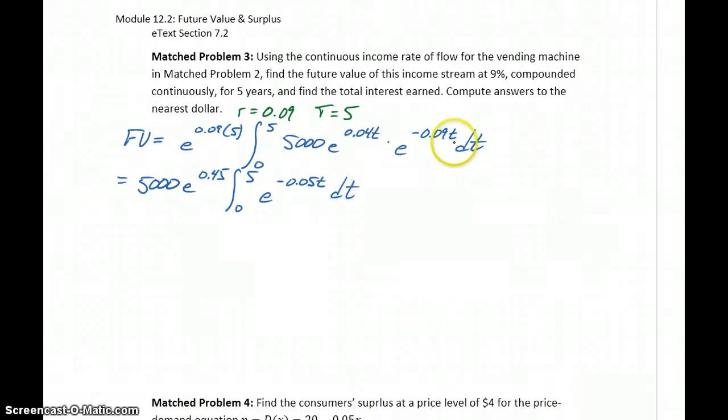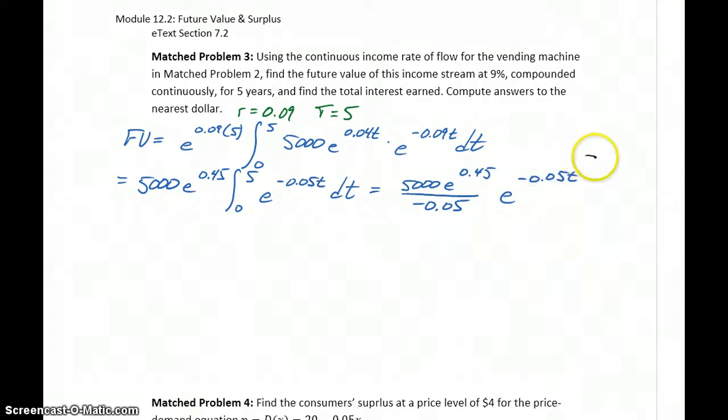So we started off with something relatively ugly, but we should be able to reduce that down to not a simple exponential problem, but a problem that we can integrate using that shortcut that we have for exponential expressions. So this will become 5,000 e to the 0.45 divided by negative 0.05 times e to the negative 0.05t.